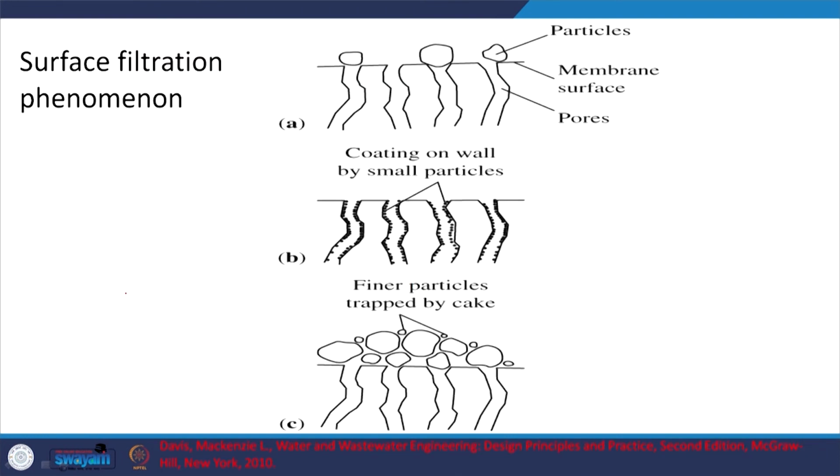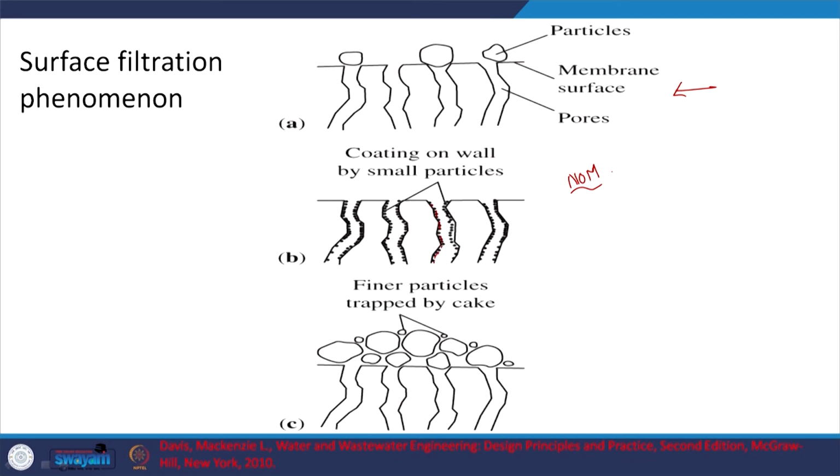So, what is the phenomenon? As mentioned, this is the most usual one. You saw the pore sizes. Particles bigger than the pore size will be strained out, but you also have particles that are relatively smaller than the pore sizes, and depending on the type of material, for example, NOM, natural organic matter, that will be adsorbed on the surface.